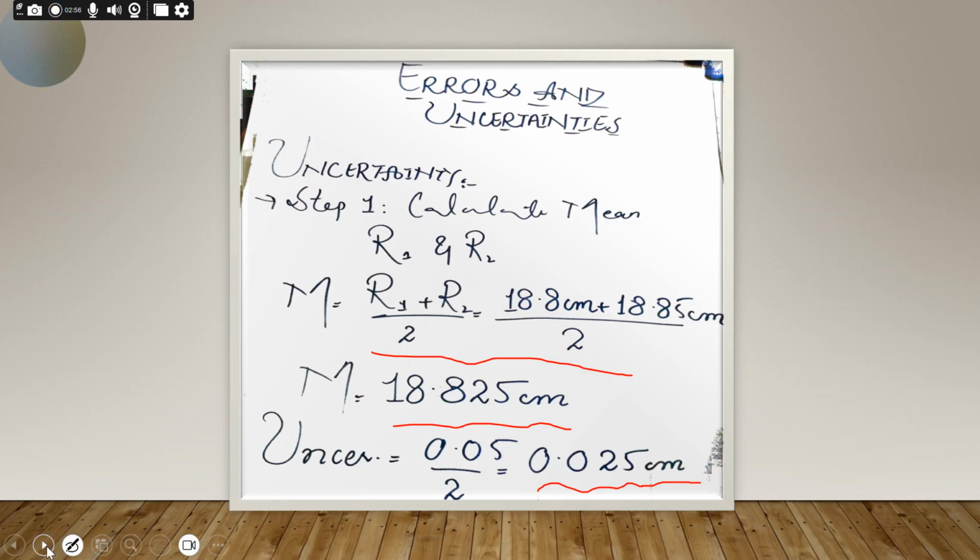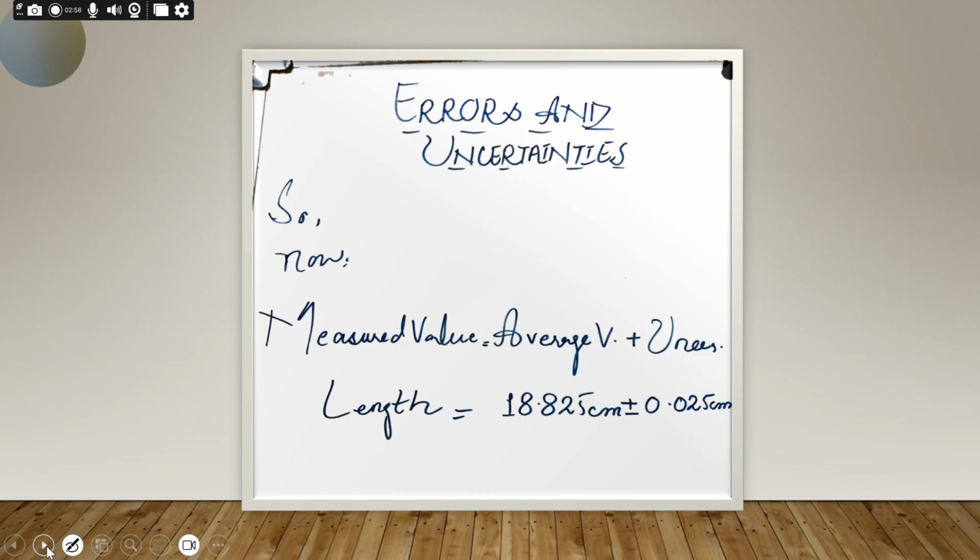Now moving on to the next slide, we have this complete result. Measured value is equal to average value plus uncertainty. As we were calculating the length of the pencil, here we have the length is equal to 18.825 centimeter plus minus 0.025 centimeter.